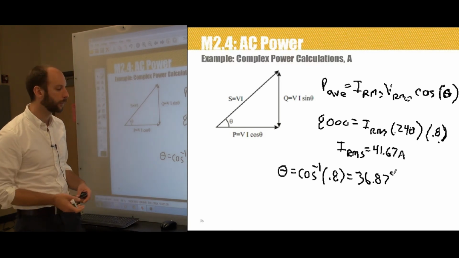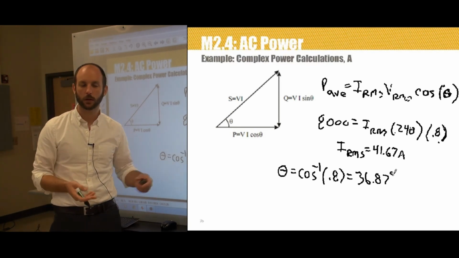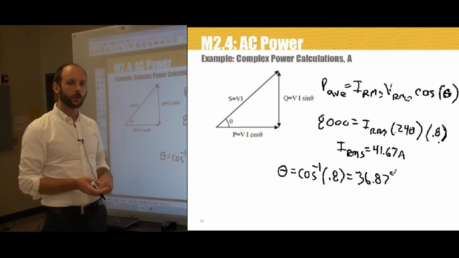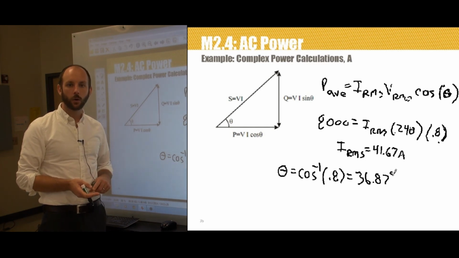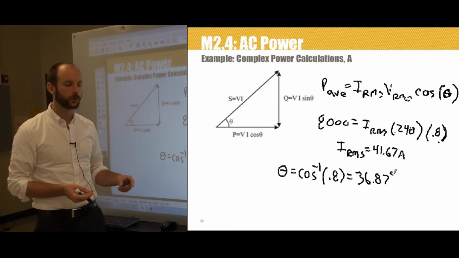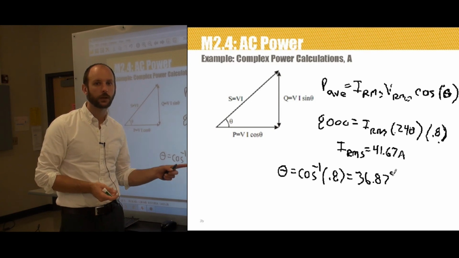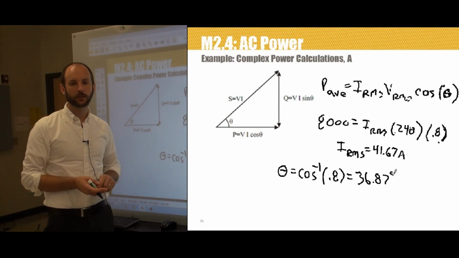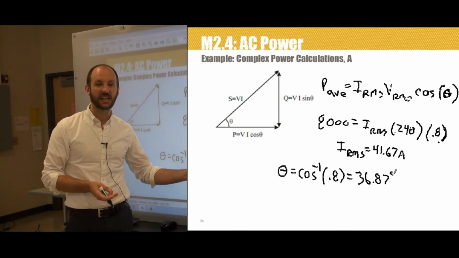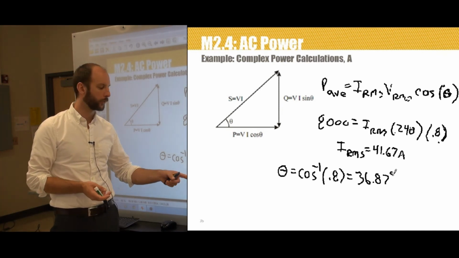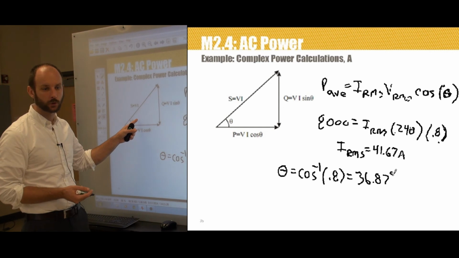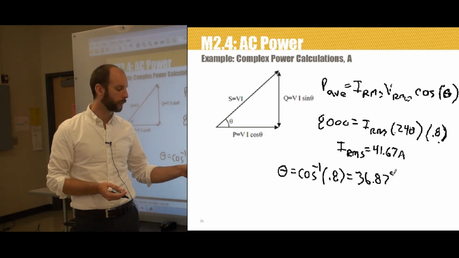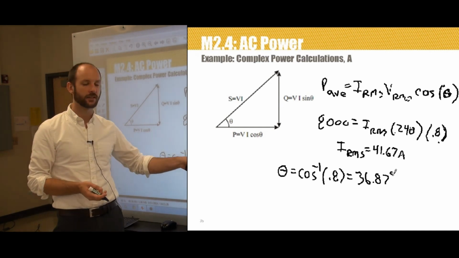Your calculator needs to be in either degree or radian mode, or you won't come up with the right answer. Note that the inverse cosine result is going to be a positive angle because we were told that the load is lagging. Had the load been specified as leading, we would have to add a negative sign to that result. So we don't have to change it in this case because we're in the first quadrant. But if we had been in the third or the fourth quadrant, we needed to toss a negative sign in front of that.